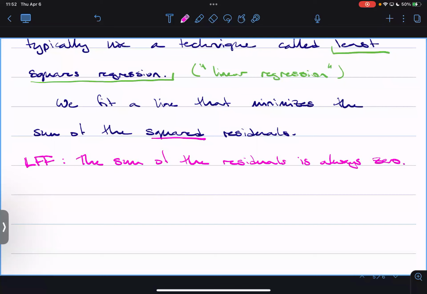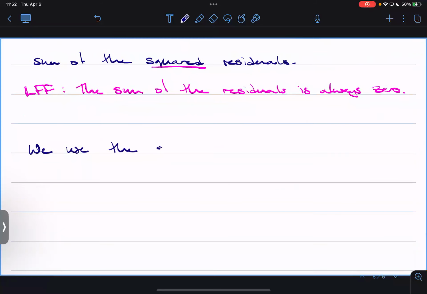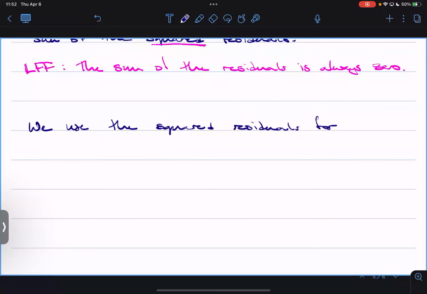But here we're minimizing the sum of the squared residuals. There are two main reasons why we use the squared residuals, because we're going to have some negative, some positive. There are others, but two main reasons.